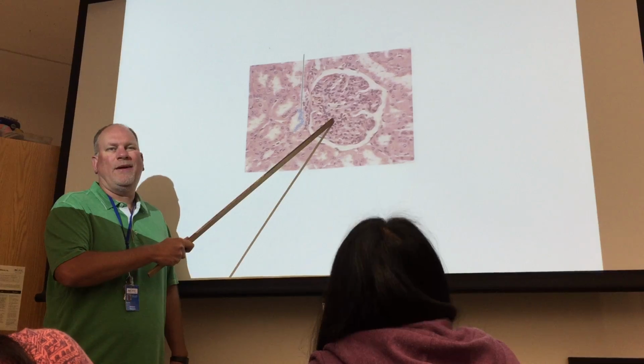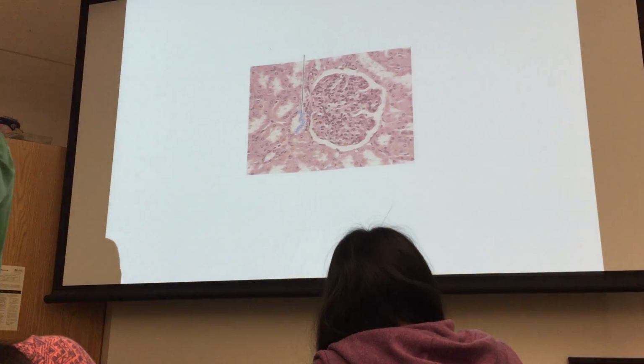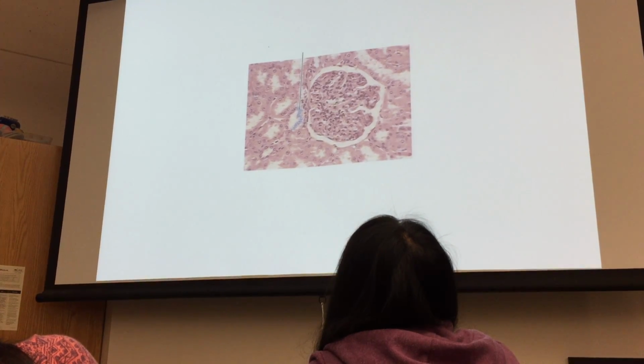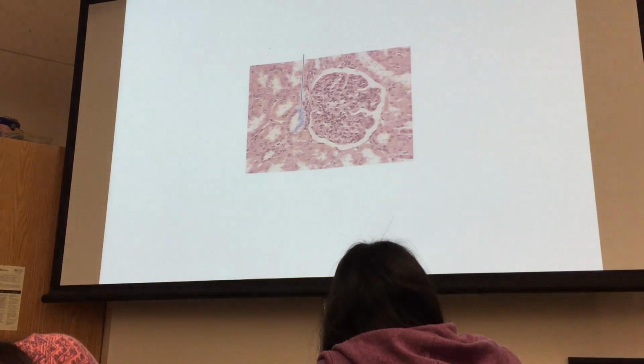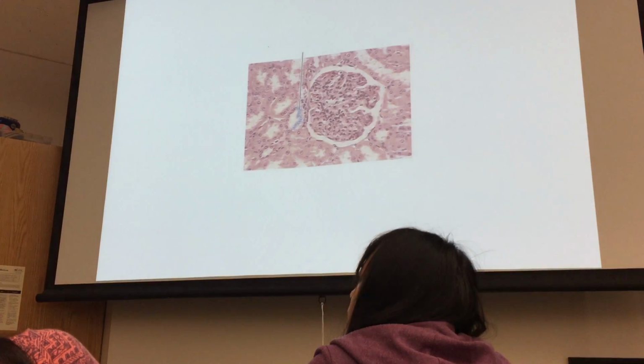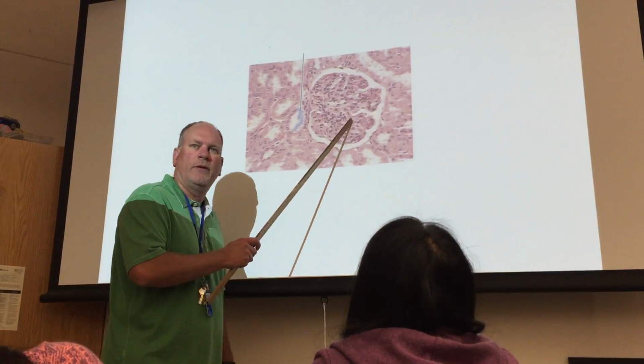What is unique about this capillary? Came up twice on the exam. Good. Number one, it's got holes in it. They call that fenestrated. Secondly, you know what else is unique about this capillary bed?